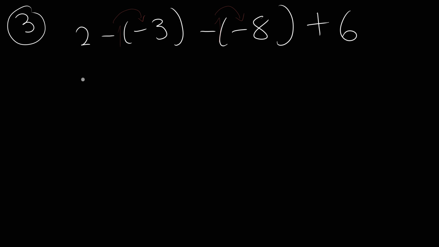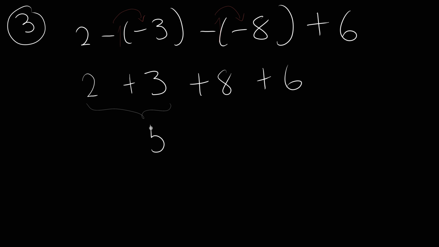Now, 2 plus 3 plus 8 plus 6. Combining like terms, 2 and 3 is going to be 5. You could also combine these two here. So +8 and +6 is going to be +14. 5 plus 14 should give you 19.